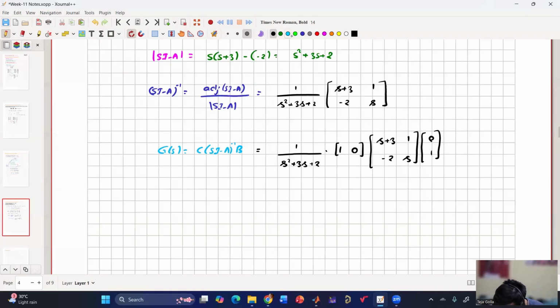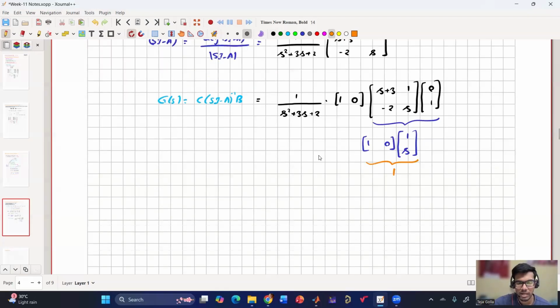So first I'll perform this matrix multiplication. If I perform this, I'll get 1 as well as s. If I multiply by 1 and 0, then I'll get basically 1. So overall, these three matrices multiplied will result in the numerator as 1.